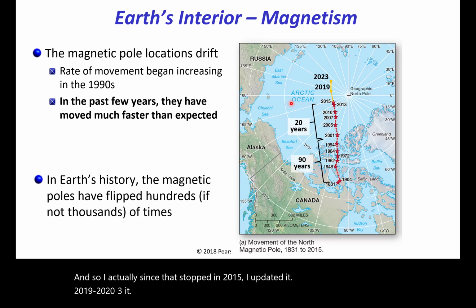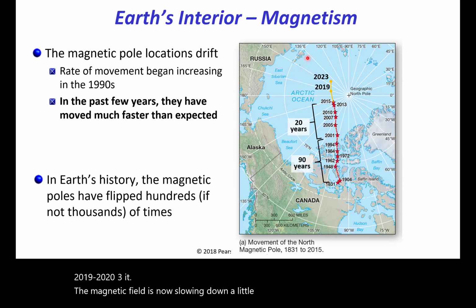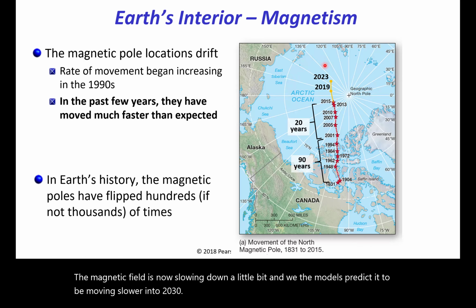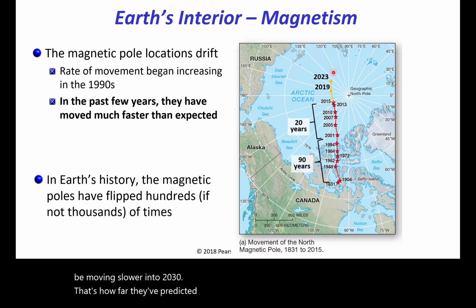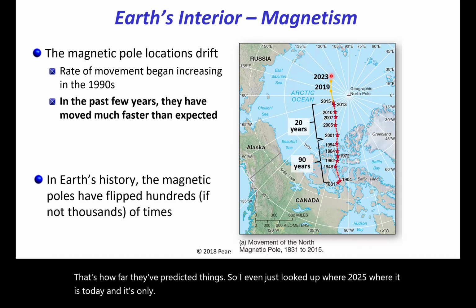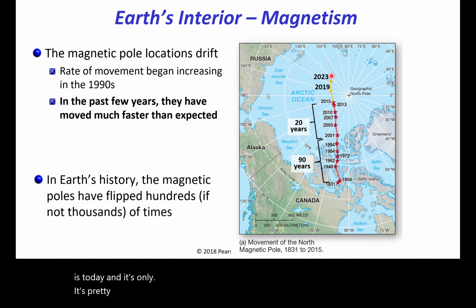The magnetic field is now slowing down a little bit, and the models predict it to be moving slower into 2030. That's how far they've predicted things. I even just looked up where it is today in 2025, and it's pretty marginal how far it's moved in 2 years, which seems to back up the idea that things are starting to move slower again.